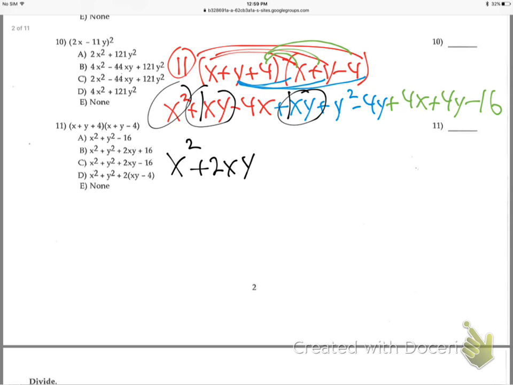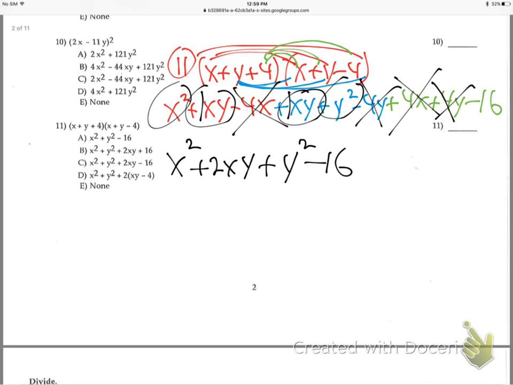Okay. Minus 4x cancels plus 4x, huh? And then y squared's kind of in a category by himself. Oh, and then minus 4y and plus 4y cancel. And then minus 16. There we go. Whatever order you have those in is fine.